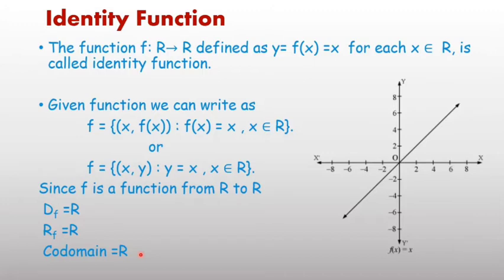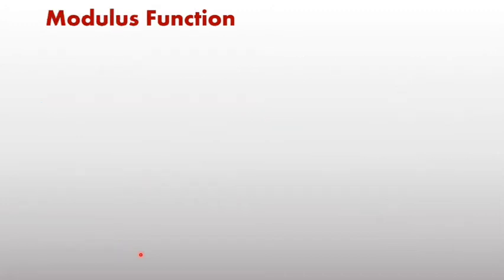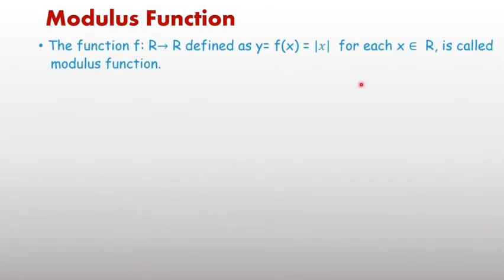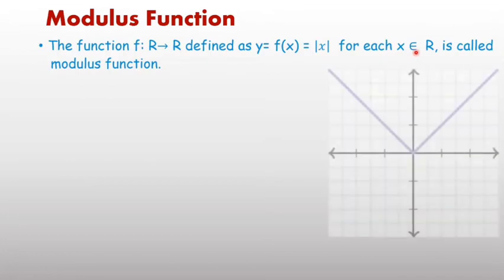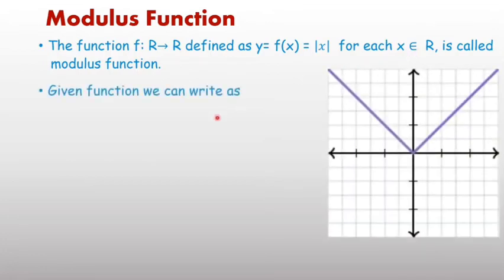Now next function, modulus function. f(x) equals |x|, the symbol of modulus, also known as absolute value, for x belongs to R. It is written as f(x) equals |x|.